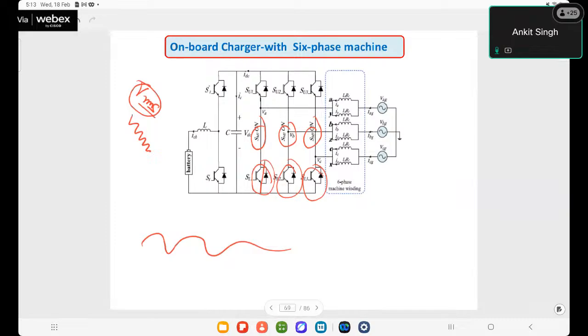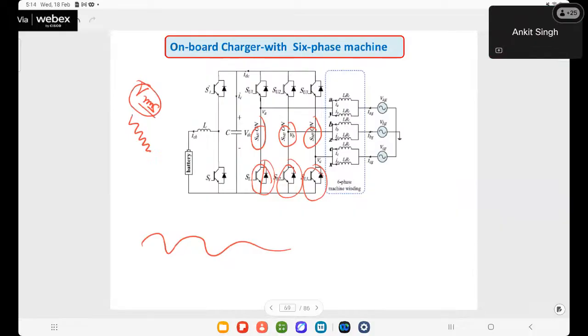Then definitely the I square R losses in the internal resistance will increase, and these I square R losses lead to a temperature rise. The temperature rise will affect the battery cycle life.